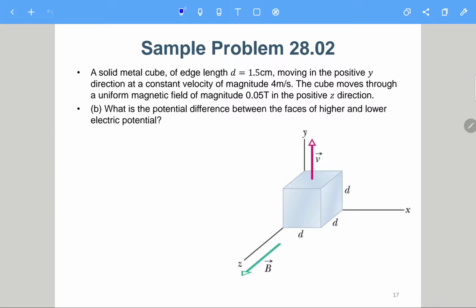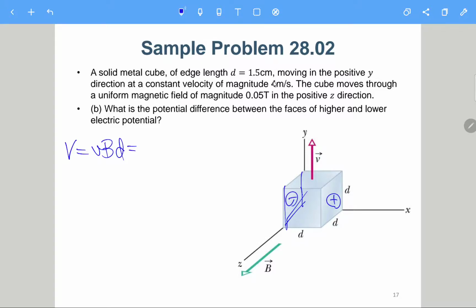Okay, so next, what is the potential difference between the faces of higher and lower electric potential? We already know that this side is positive charge and the other side is negative charge. To determine the potential difference between them is very easy, because we just use this equation, capital V equals small v times b times d.